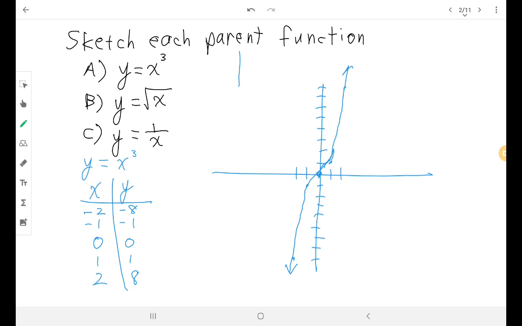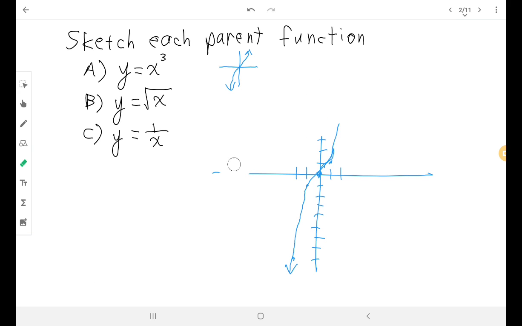And so I can give a tiny version of that here. Remember, we just want the basic shape. We want to know basically what it does. Okay? So there's y equals x cubed. And let's do another table.